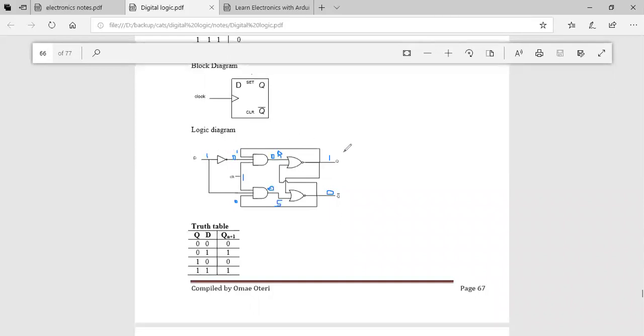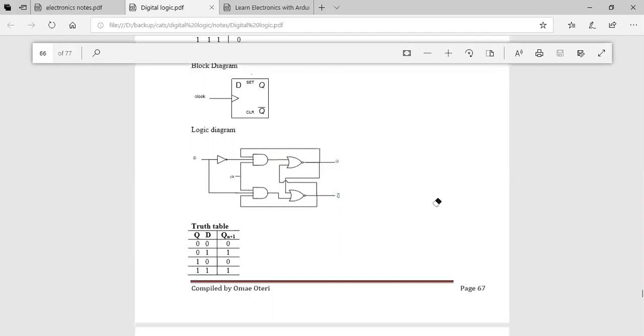If this is 0, this will be 0. Look at this: D is 0, moves to the output. D is 1, moves to the output. So it basically transfers our input to the output. That's what this kind of device does for us, and it is the most commonly used in the development of registers. So that's all about the D flip-flop.